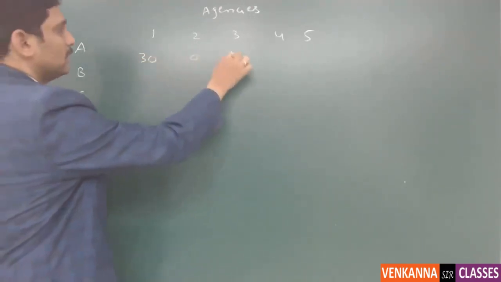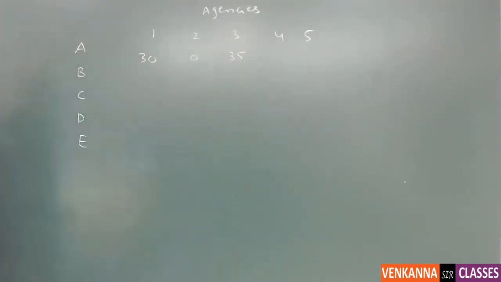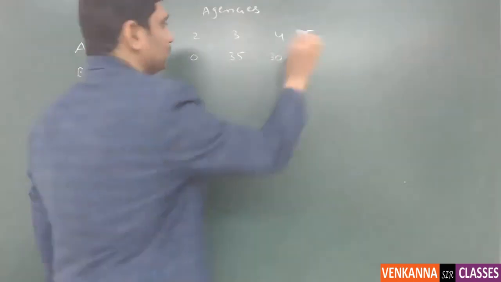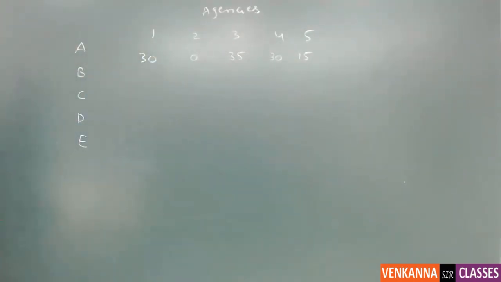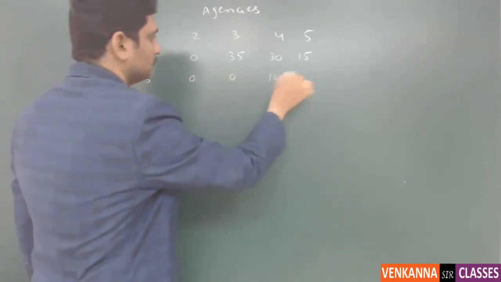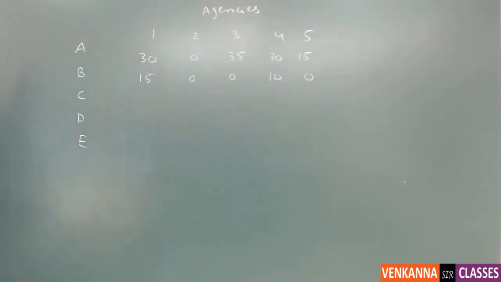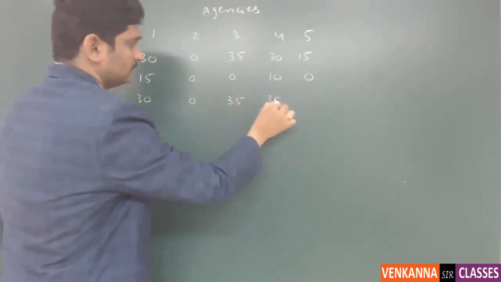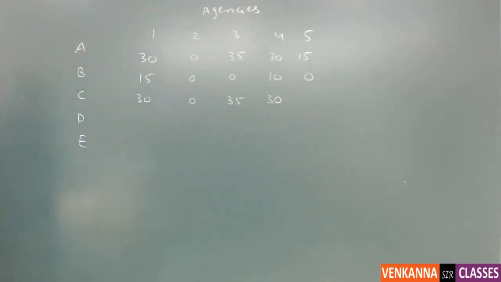30, 0, 35, 30 and 15. Then you have 15, 0, 0, 10, 0. Then 30, 0, 35, 30. And then you have the value 20.